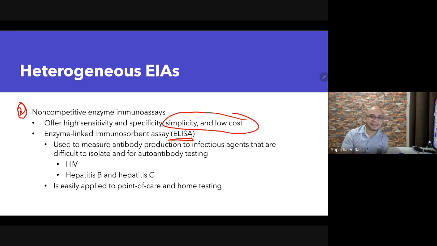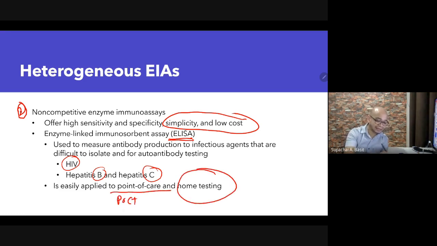One of the most common immunoassays in the laboratory is ELISA. It is used to measure antibody production to infectious agents that are difficult to isolate, and for autoantibody testing. For example, we use it for detection of antibody against HIV, Hep B, and hepatitis C. This is also the principle for point of care testing, POCT, and even home testing.